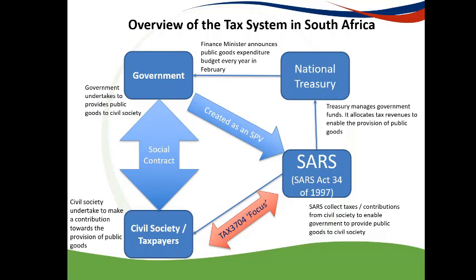In order to facilitate this social contract, the government created an SPV in the form of the South African Revenue Services. This SPV was formed in terms of an Act of Parliament, known as the South African Revenue Services Act number 34 of 1997.